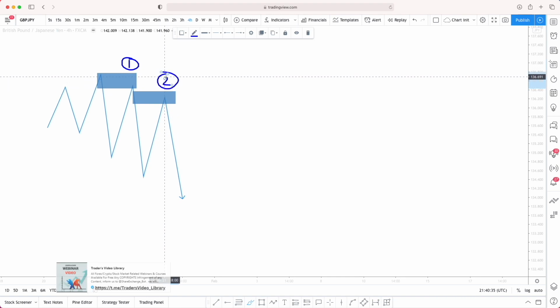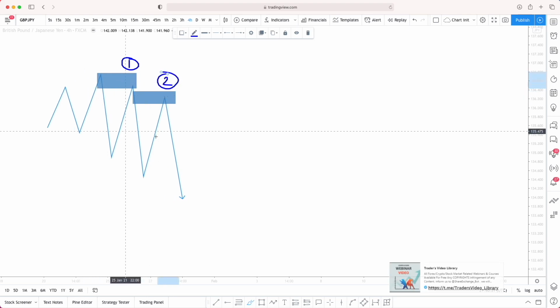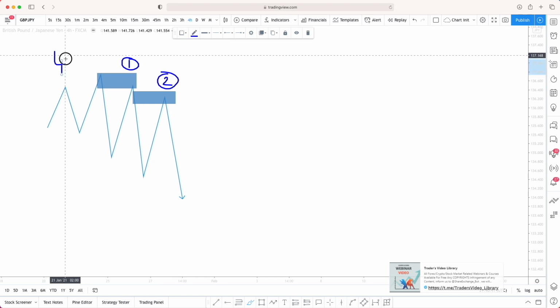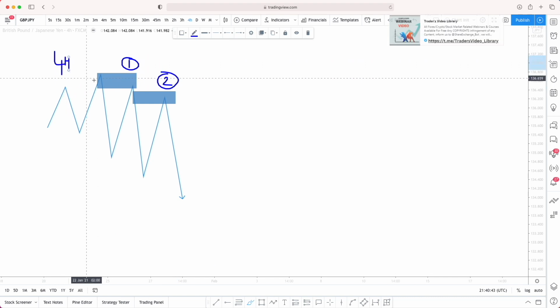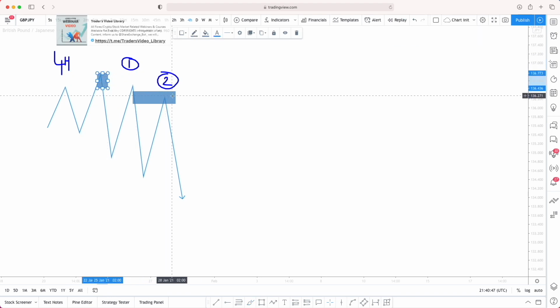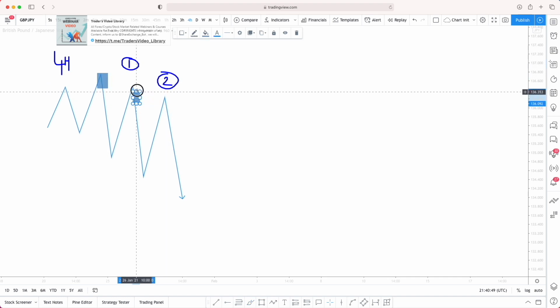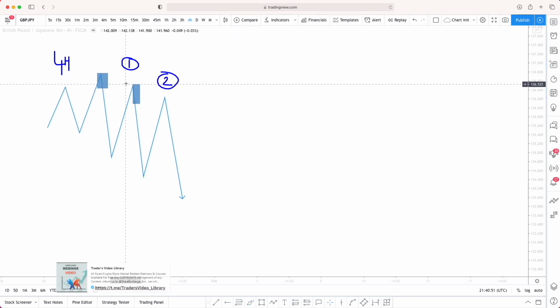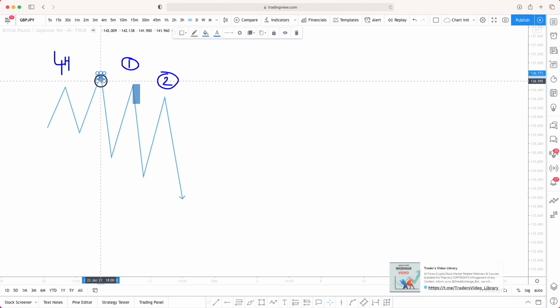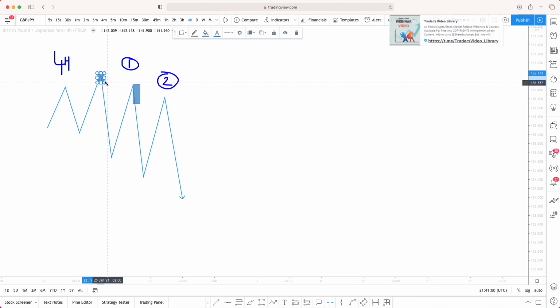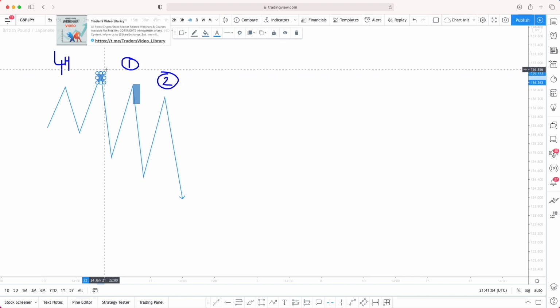Now, in terms of risk entries, how you would do it. So say this whole thing is on the 4-hour time frame. What you do is when you have a 4-hour OB, which is sitting there and here, okay, remember, in terms of refining the OB, you will refine that OB to as small as you can, right? And then all you do is place your entry at either the open or the 50%. Or if you get a wick trick, you use the wick trick.